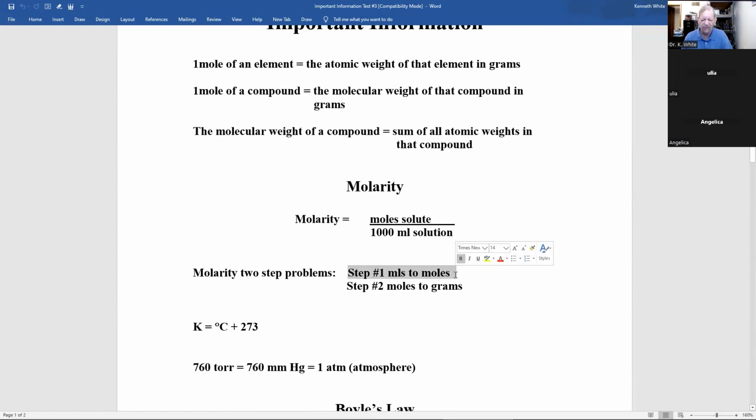Step 1, milliliters to moles. Step 2, moles to grams. In case you forgot, 1 mole of a compound equals the molecular weight of that compound in grams, and the molecular weight of the compound is the sum of all atomic weights. So now we need to do the 2 steps.